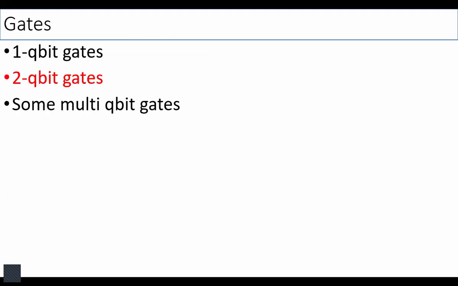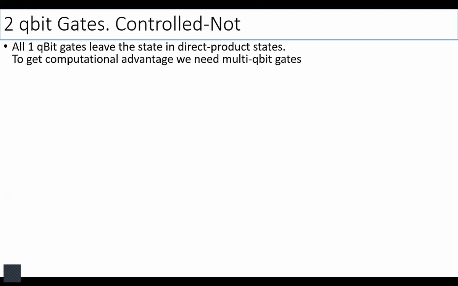Okay, so let us go to 2 qubit gates. First of all, why do we need them? Because if we live only with 1 qubit gates and start from a direct product state, and all zeros is a direct product state, then we will stay in the category of direct product states.